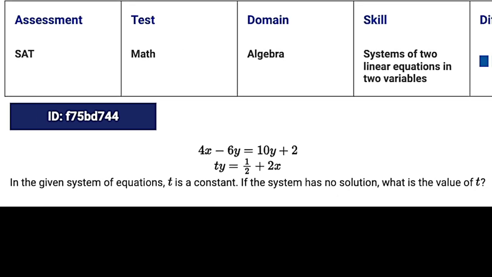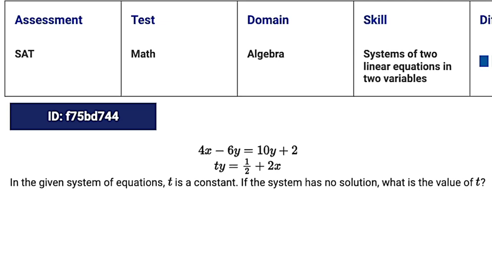However, I think there's actually a really fast way of solving this. So like I said, a system of equations with no solution means they never touch. As I just showed you visually, it means they are parallel. And if they're parallel, it means they have the same slope, which means they should have the same coefficients in front of x and y.